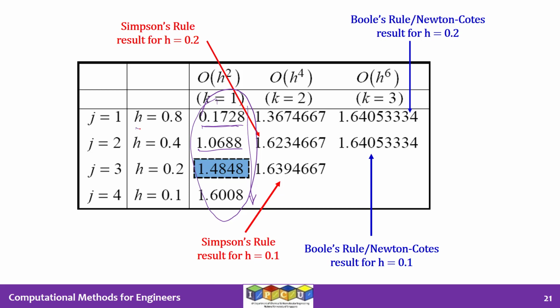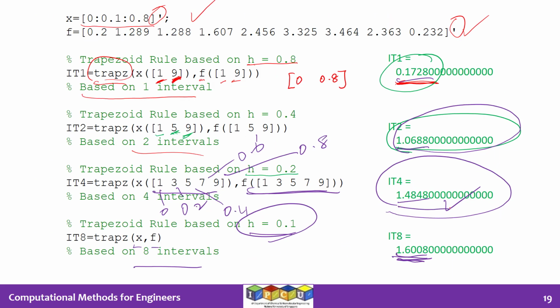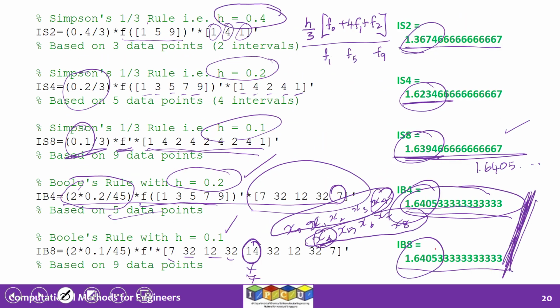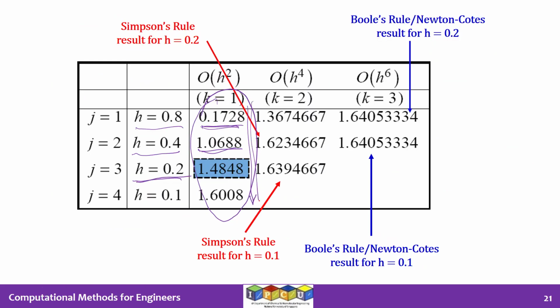H is equal to 0.2, we got 1.4848, which is what you see here, as well as in this diagram here. And when h is equal to 0.1, trapezoid rule gave us 1.6008. So that's all arranged in this column.